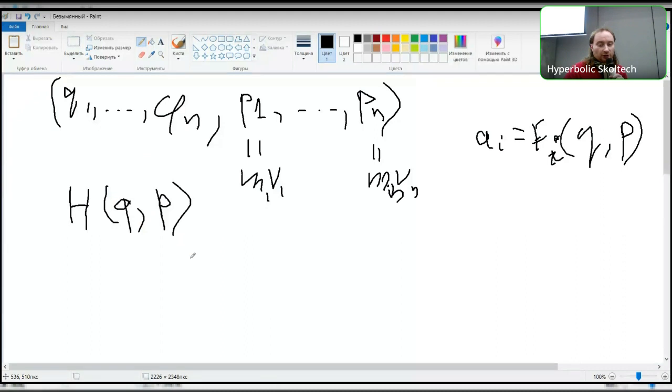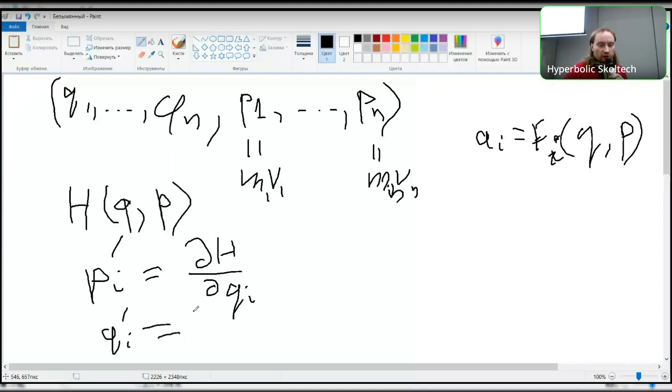So we have something like the derivative over time of P equals the partial derivative of H over Q, and the velocity over time of the coordinate is minus the derivative of the Hamiltonian with respect to Pi.